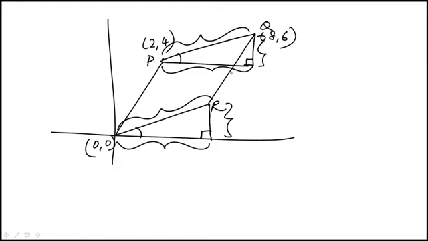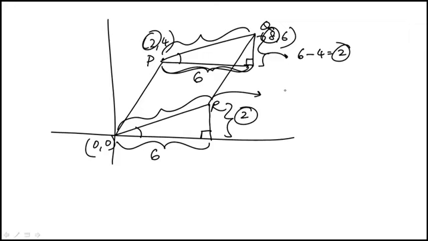So here, that length is going to be the difference in the x-coordinates, which is 6, which means this length would be 6, and that height would be 6 minus 4, which is 2, and that would be 2 as well. So therefore, the coordinates of R are (6, 2), which is answer choice E.